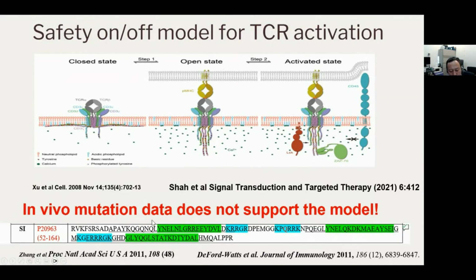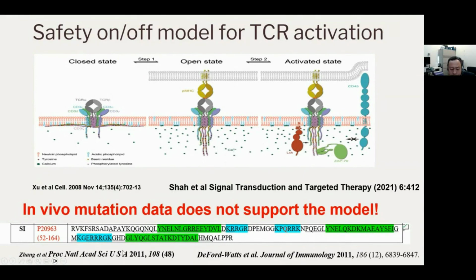And unfortunately, this model was developed using a simple system, but when it was retested in vitro with simple testing to see if this would work, because of this salt bridge, people modified those basic residues into neutral residues. So then you would expect this interaction to be removed. So this will stay in the solvent. When it stays in the solvent, LCK will come to do the phosphorylation. So you would say the phosphorylation rate is higher.